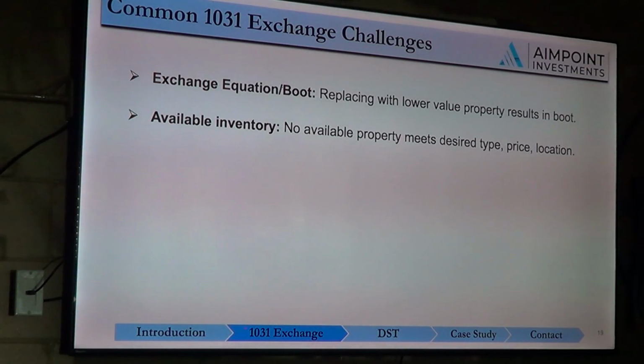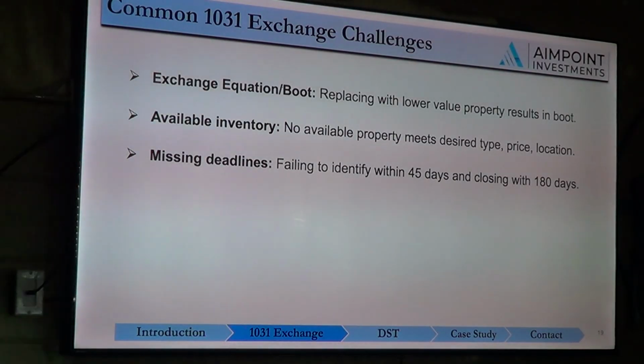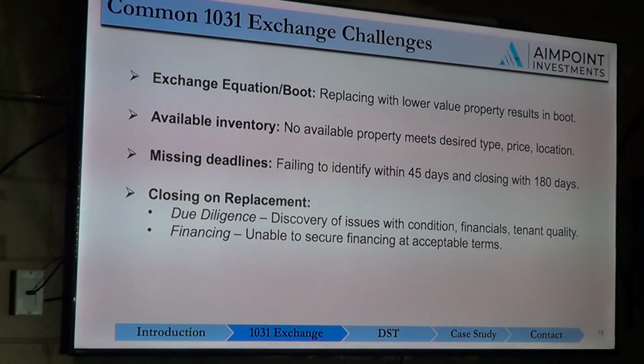So available inventory can be a problem, and that's why starting early is critical. It leads to missing deadlines. I get calls very frequently on day 40 in the exchange window, and we're like, you know, we need something. Luckily, we have an option that can help in those cases, but this is something we want people starting early, engaging advisors early. It's not a reactive thing, or shouldn't be.